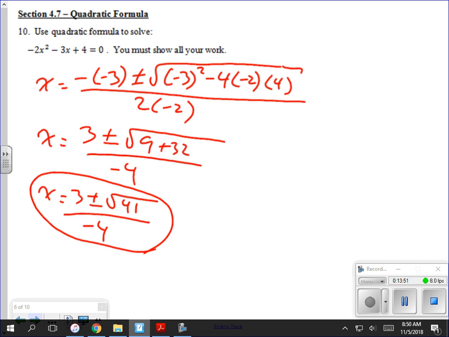I can't simplify the radical. 41 is prime. There's nothing I can pull out. Nothing I can do about that. So I'm finished. Okay, if there's a negative, pull the negative out front, make it an i. If you can simplify the radical, simplify the radical. If after that you can reduce, you reduce. If you can't, you can't.